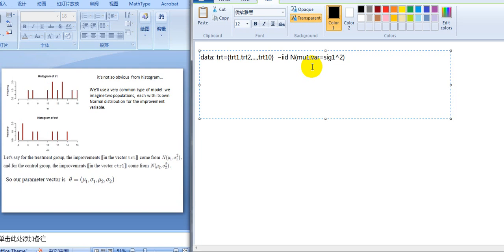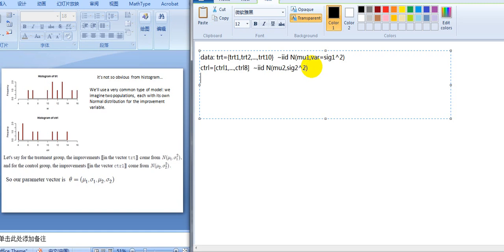The second part of data is control. So in the control, again we have eight normal, mu2, sigma 2 square.